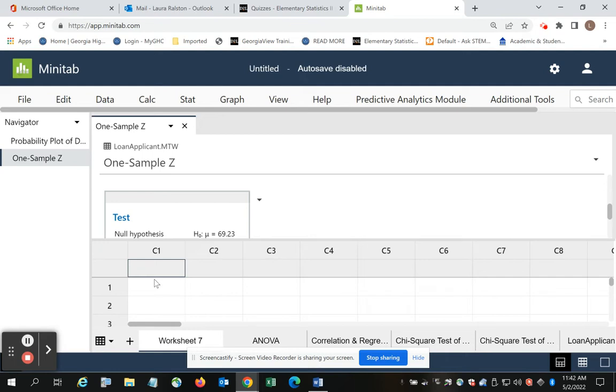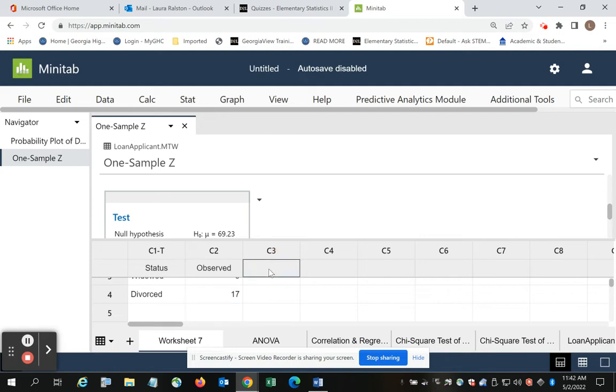So you would have their status, which is never married, married, widowed, and divorced. You would enter the observed, which is what's given to you in the table. And we had 150 never married, 228 married, 5 widowed, and 17 divorced.